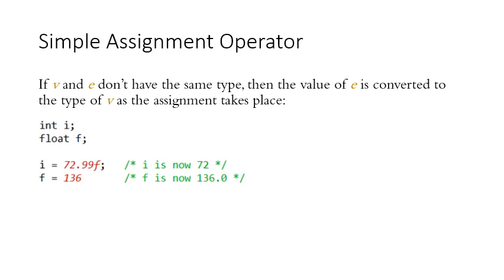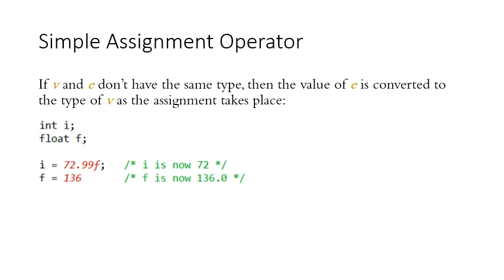So we have assigned a value 136 to your f. 136 is an integer, but since f is a float, your value of f now is 136.0. We have an error here because we do not have a semicolon, so you just note that later.